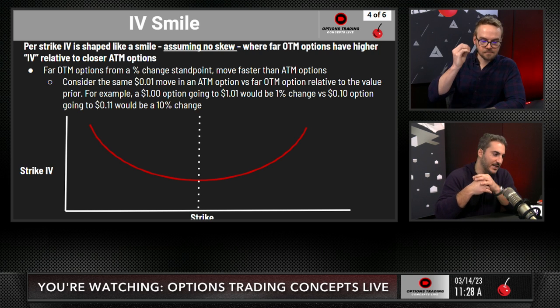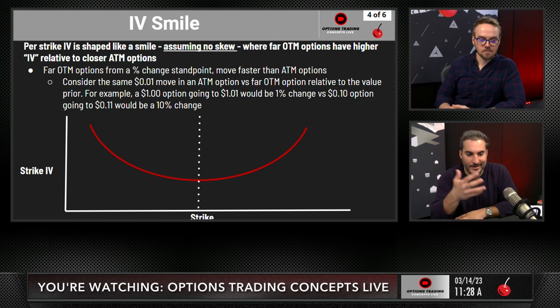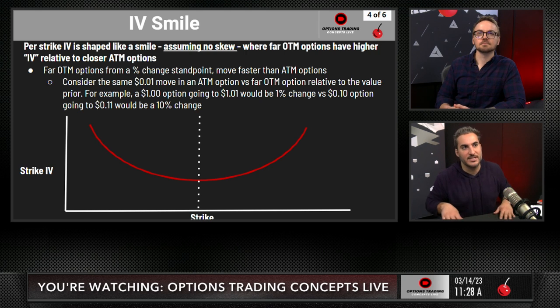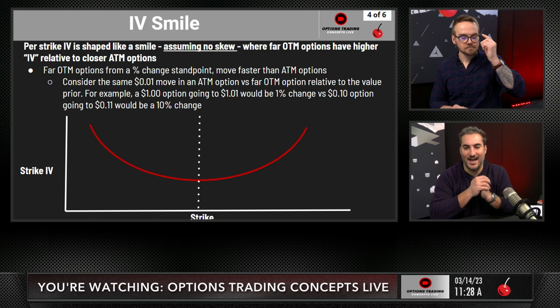If you're looking at an ETF or something like Apple, they're going to have downside skew. When you're looking at a Tesla or something more high flying, a biotech, you might see some upside skew. But generally speaking, you see a sort of smile like this, where implied volatility of further out of the money options is going to be much higher than at the money options.